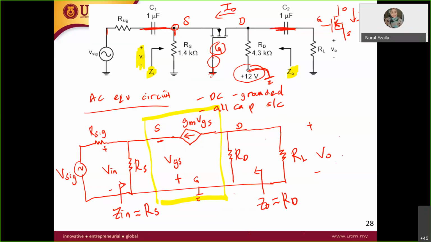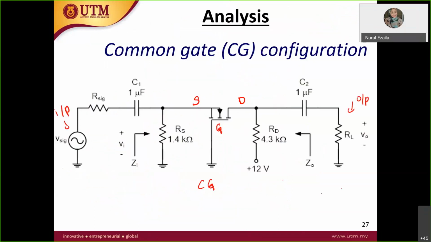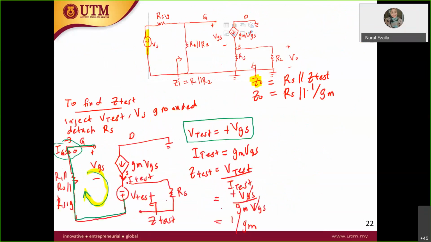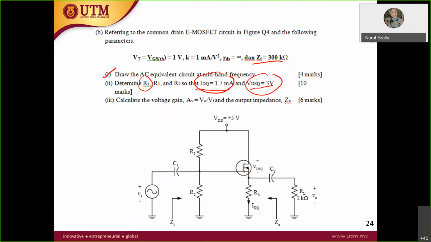Last time I didn't derive 1 over GM, isn't it? No, only Z test. Sorry, I forgot. Oh, okay. So Z test for this one, common drain, is 1 over GM. Oh, okay. Yeah.